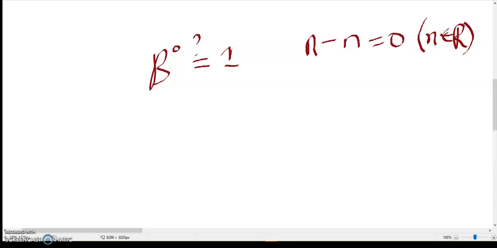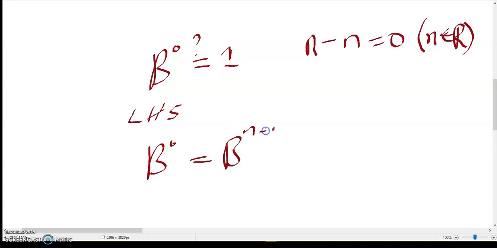That is to say, when we pick the left hand side of our equation, b to the power 0 is the same thing as b to the power n minus n. And from our indices, we know that whenever you have a base with powers that are subtracting, this is the same thing as division.